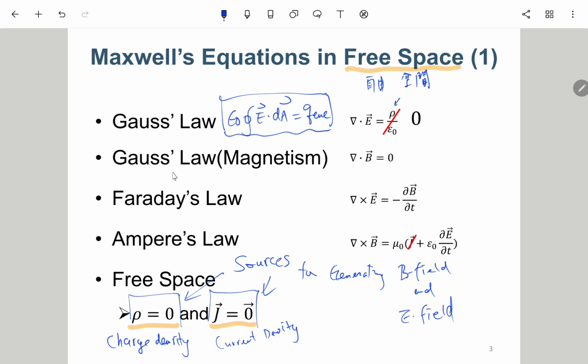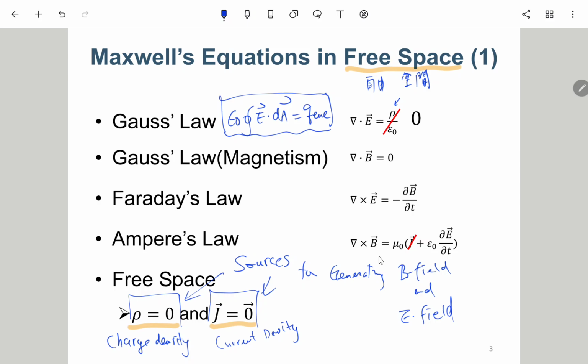Then for Gauss law for magnetism, it doesn't change at all. And for Faraday's law, it doesn't change either. For Ampere's law, or Ampere-Maxwell's law, on the left side is curl of B, but on the right side, originally mu 0 J plus mu 0 epsilon naught partial E partial t.